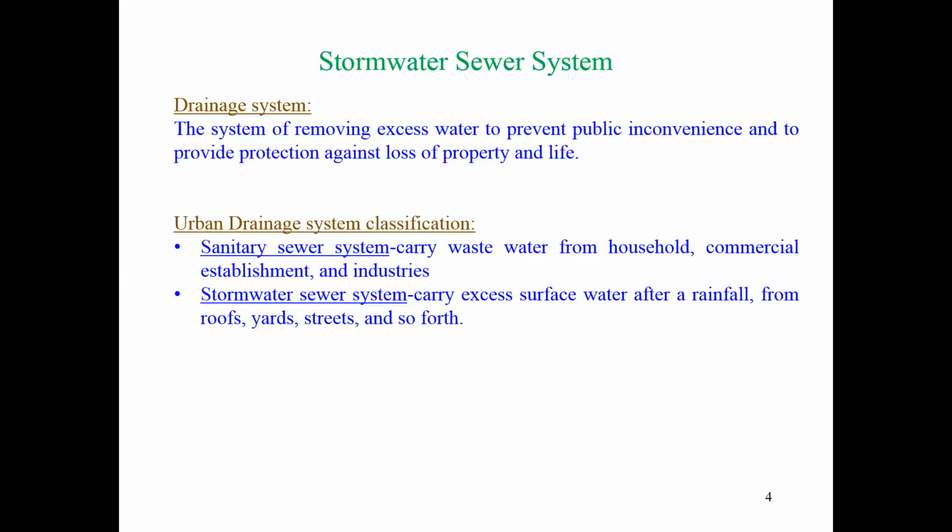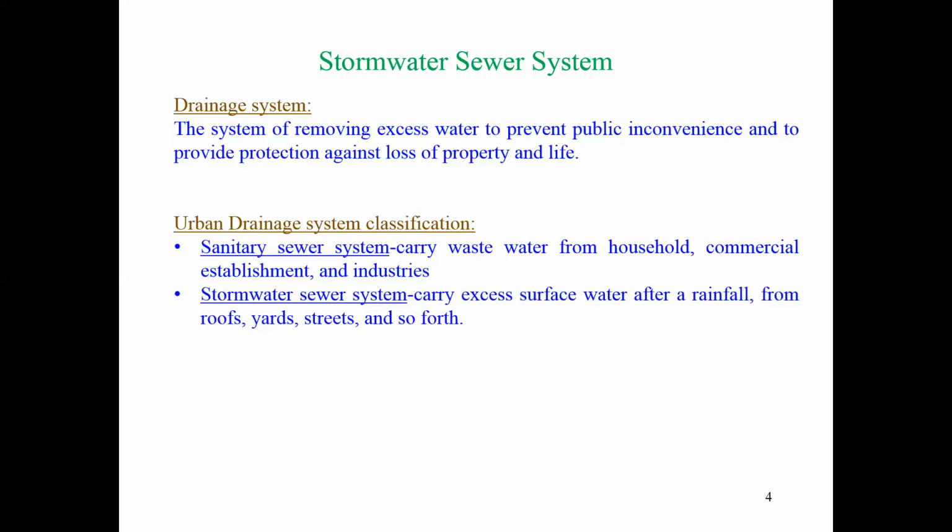There can be different types of drainage systems: urban, agricultural, roadway, or airport drainage systems. But for this class, we will only discuss the urban drainage system, because the stormwater sewer system is a part of it. And for the urban drainage system, there are two parts.